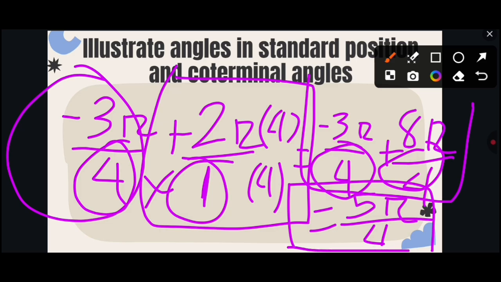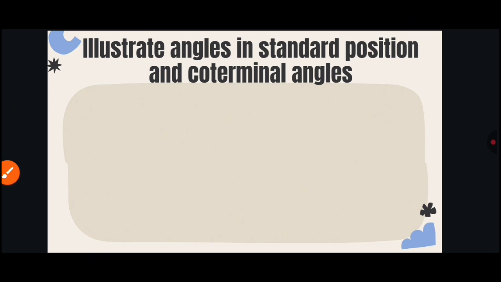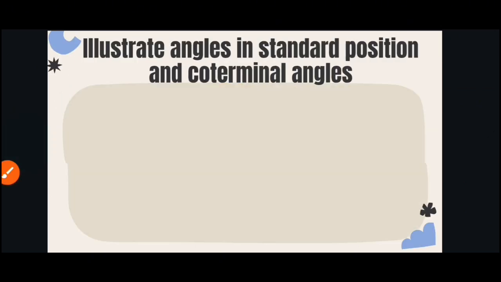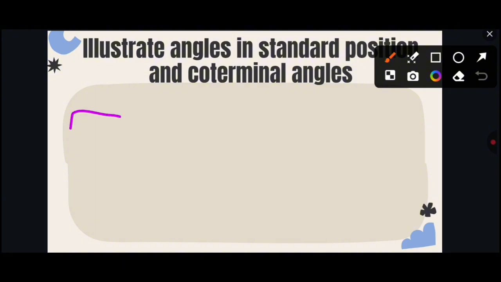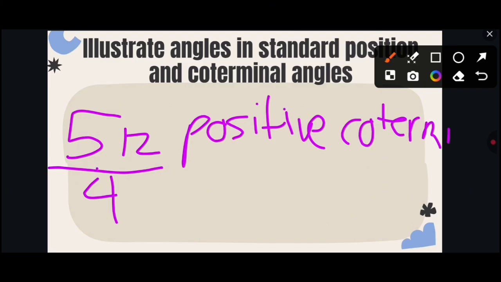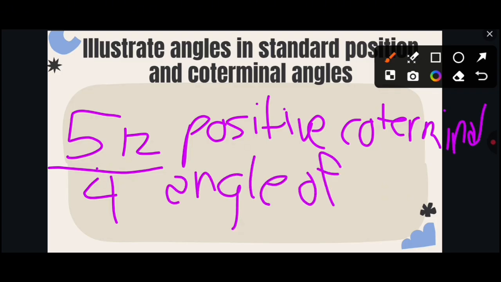So, there we go. Our answer is 5 pi over 4. 5 pi over 4 is our positive coterminal angle of negative 11 pi over 4.